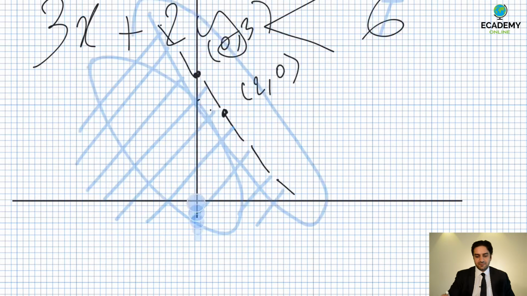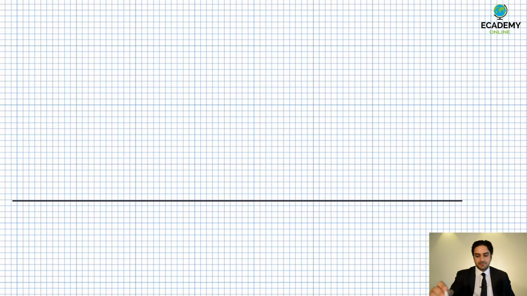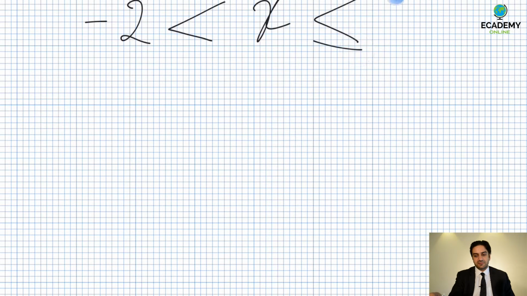Let's try to graph a line where we have an in-between relationship. Simply, let's say I have minus 2 less than x less than or equal to 5. This is a straightforward relation.